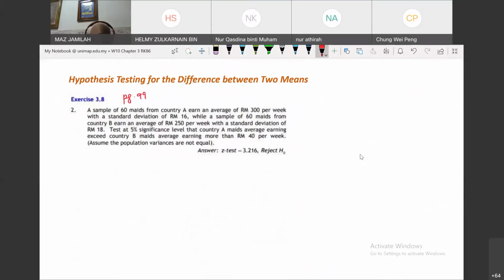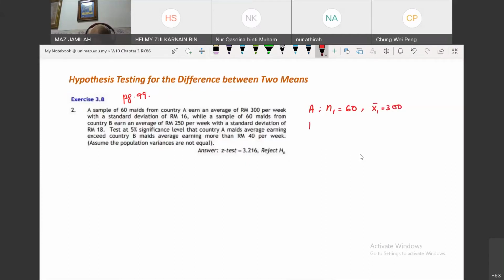A sample of 60 males from country A earn an average of 300 per week with a standard deviation of 16. So we are talking about country A, n1 is 60, and the average earning is 300.